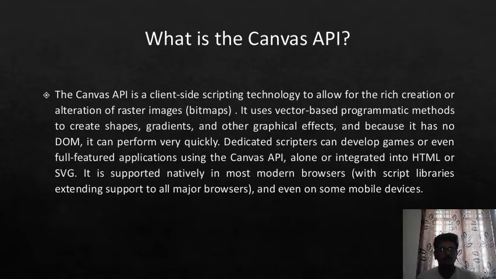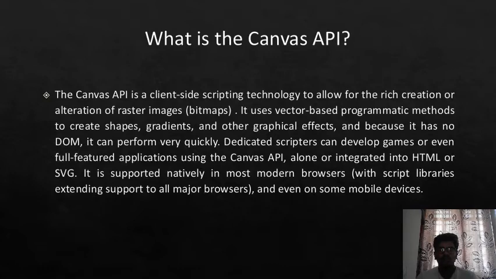The Canvas API is a client-side scripting technology that allows for the rich creation or alteration of raster images. It uses vector-based programmatic methods to create shapes, gradients, and other graphical effects. Because it has no DOM, it can perform very quickly.